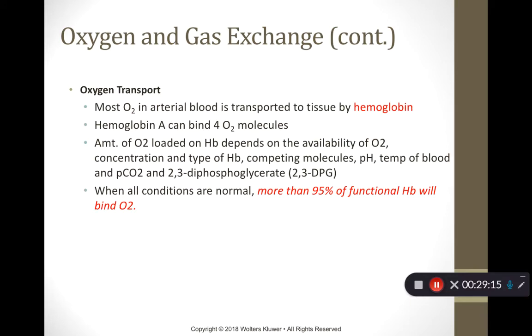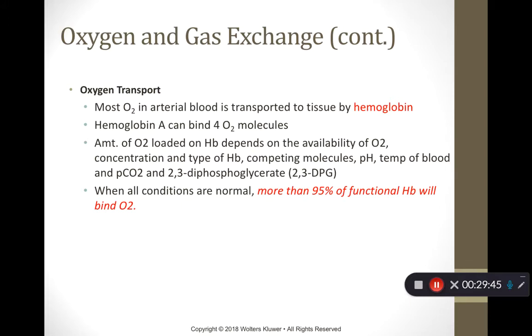Most oxygen in the arterial blood is transported to the tissue by the hemoglobin. Hemoglobin A, as you already know, can bind 4 molecules of oxygen, and the amount of oxygen that gets loaded onto that hemoglobin really depends on the availability of oxygen concentration and the type of hemoglobin. It also depends on competing molecules, pH, temperature of the blood, and partial CO2 and the 2,3-diphosphoglycerate, which is 2,3-DPG.